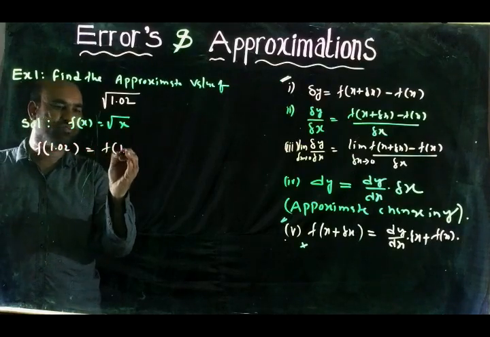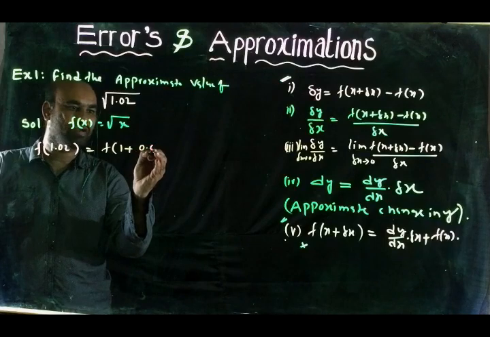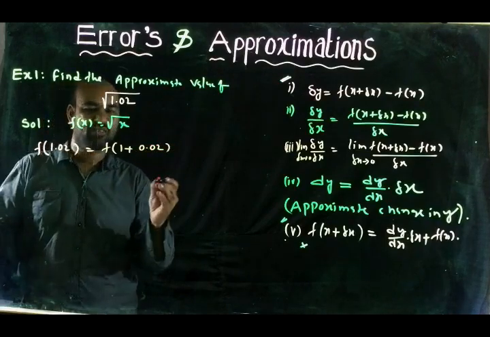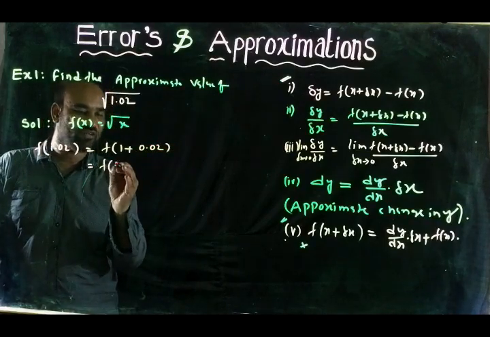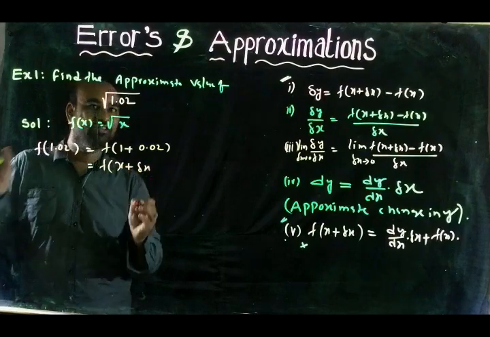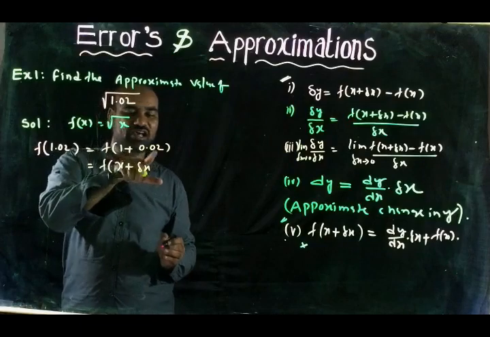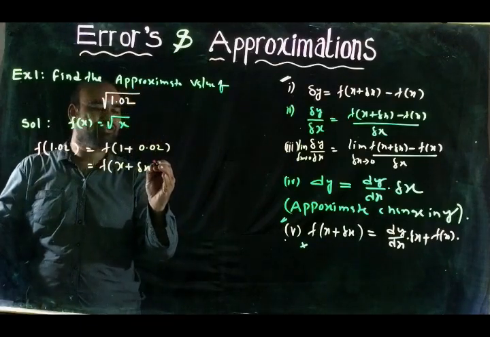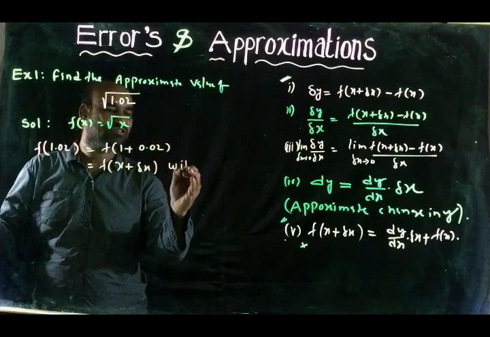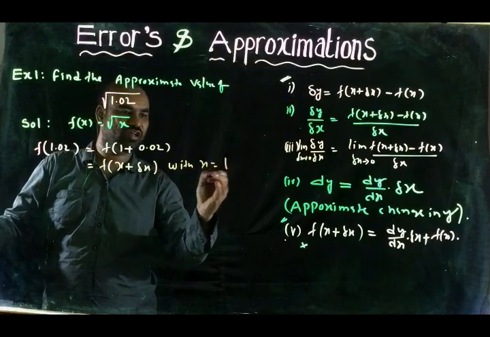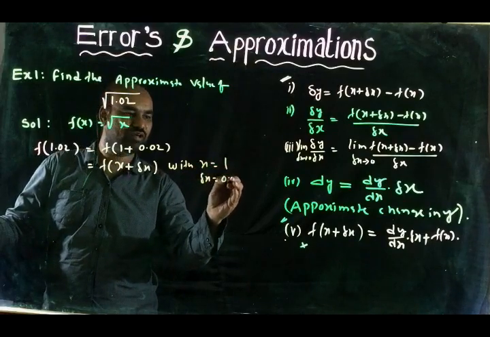This is in the form of 1 plus 0.02. So this is in the form of f of x plus delta x, with x equal to 1 and delta x equal to 0.02.